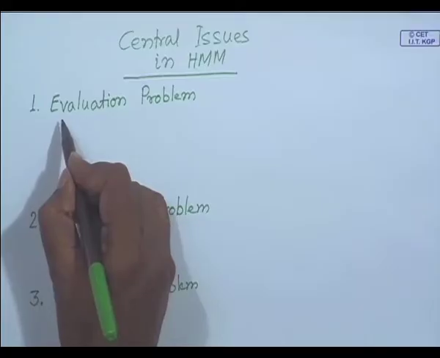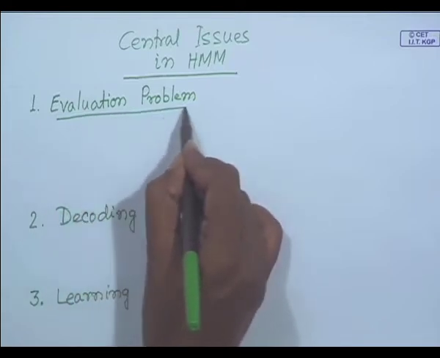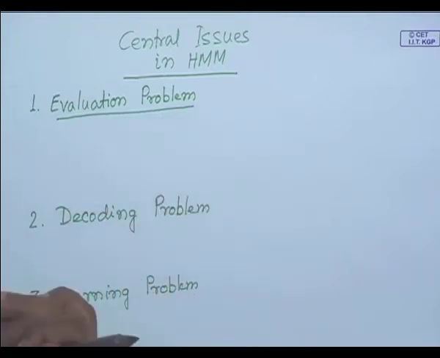Now, what is this evaluation problem? Let us come to this problem first. We said that when this hidden Markov model theta is specified, we have three things. One is the hidden states. We have the visible states or visible symbols.